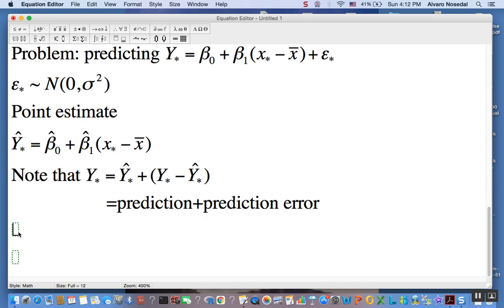Studying those properties will allow us to derive the prediction interval that we want.